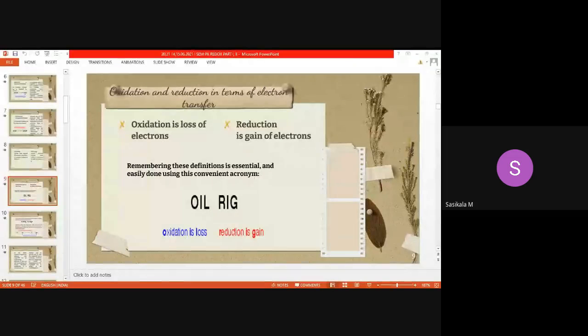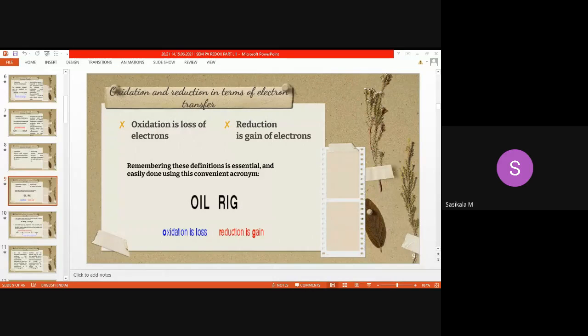Oxidation means what then? According to oxygen transfer, addition of oxygen is oxidation. According to hydrogen transfer, loss of hydrogen is oxidation. Likewise, according to electrons also, loss of electrons is oxidation. Either loss of hydrogen or loss of electron causes oxidation. What is reduction?